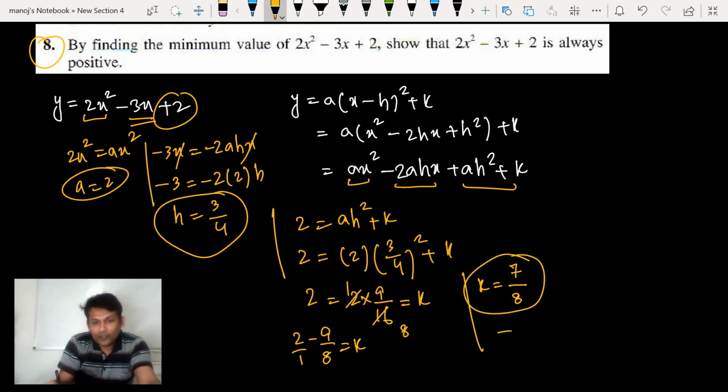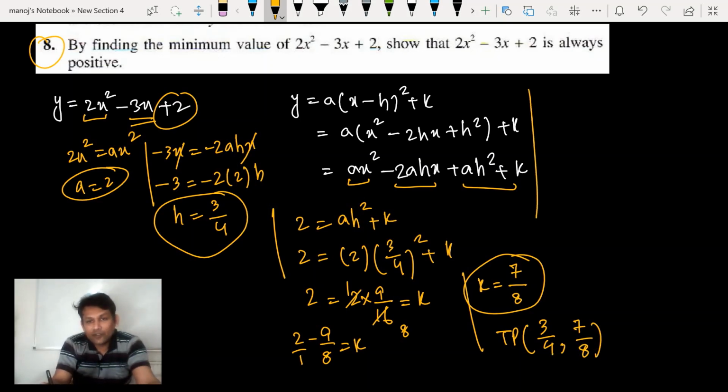So the turning point is coming, h is 3 upon 4 and k is 7 upon 8, and the requirement is to find the minimum value, which is 7 upon 8. What's the equation when I substitute the value here? y is equal to a is 2, x minus h is 3 upon 4 whole square, plus 7 upon 8.